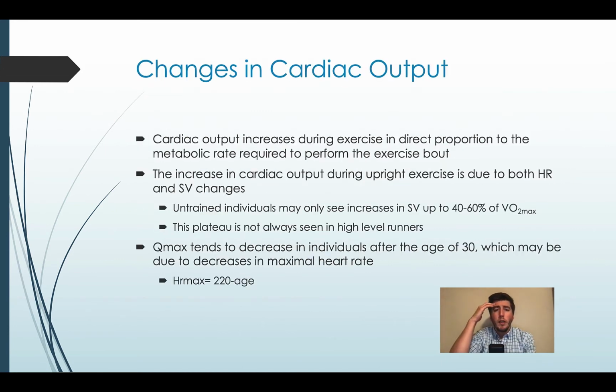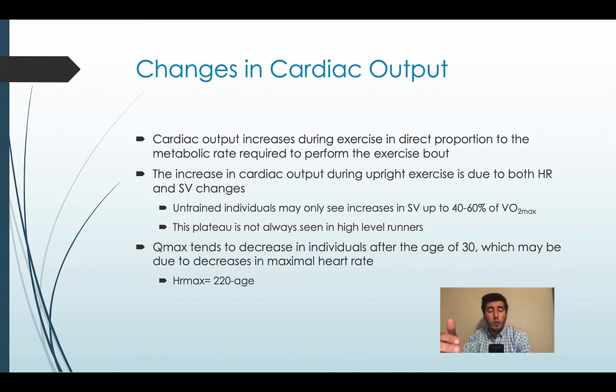So how do we expect cardiac output to change based on exercise status? How do we expect cardiac output to change based on exercise intensity? Well, if cardiac output is a product of heart rate and stroke volume, then we would expect to see an increase in cardiac output as exercise progresses. And that's exactly what we're seeing.